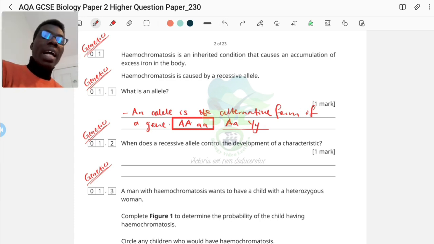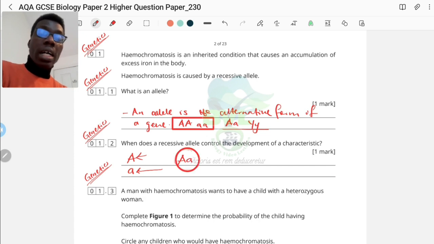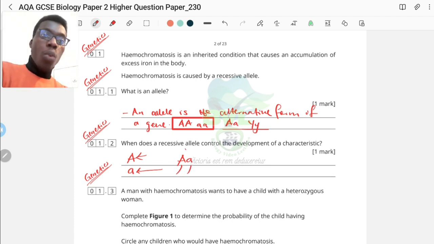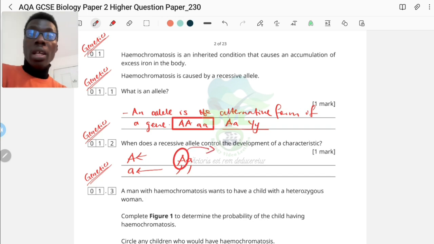Now, when does an allele control development of a characteristic? Hear this. Alleles could be dominant when represented in uppercase, or recessive when represented in lowercase. When you have a heterozygous representation of the two alleles, one dominant, one recessive, whatever the dominant one represents will be what is seen in the organism.